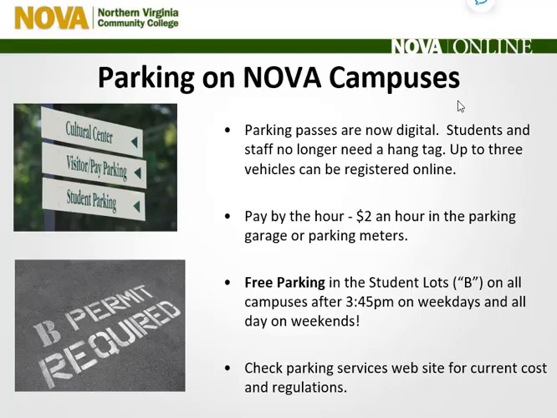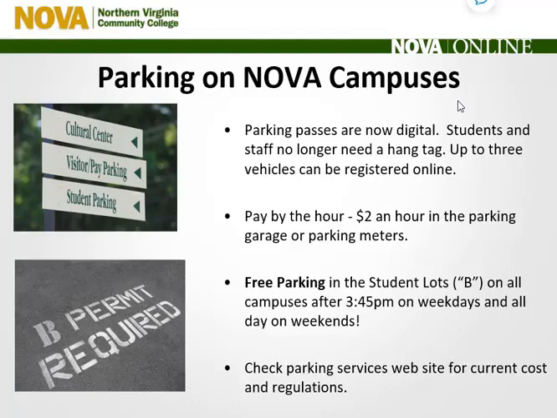However, only one vehicle can be parked at the college at any given time. If more than one vehicle is found at the college without the purchase of an additional permit, both vehicles may receive a citation.